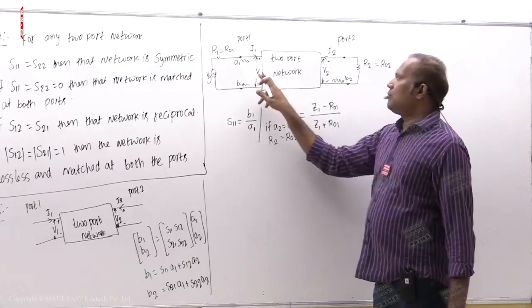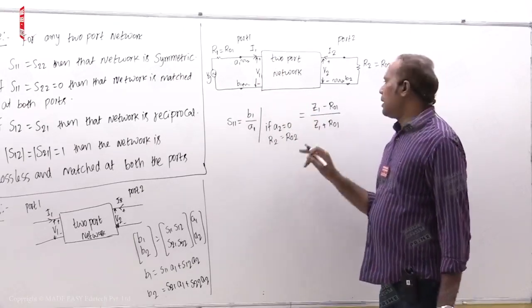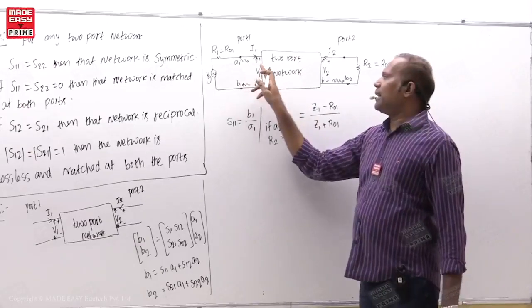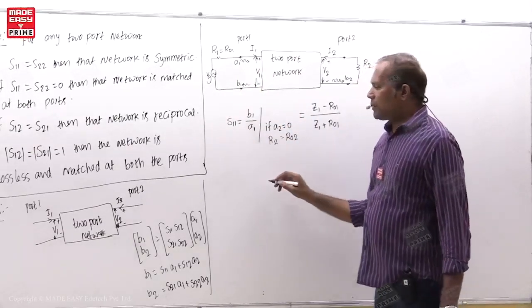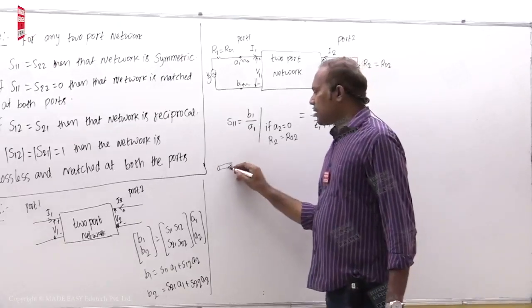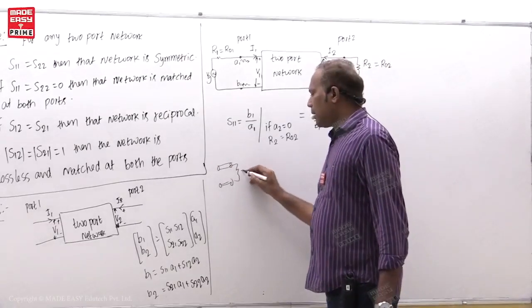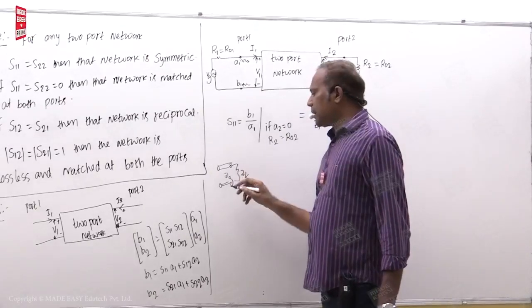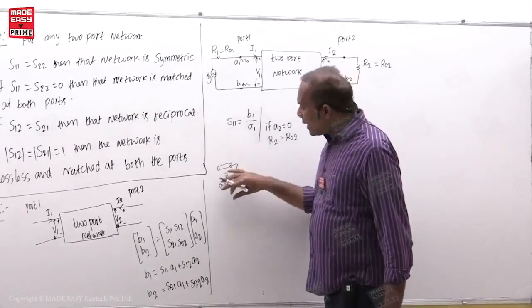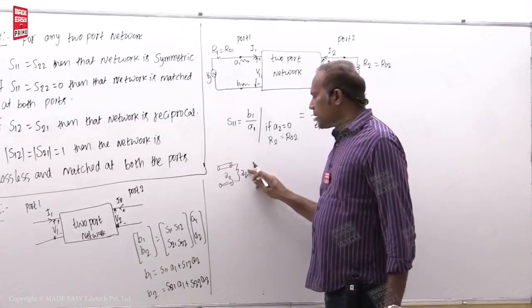So here Z1 means V1 by I1, the input impedance, measured from where you are feeding. Like a transmission line, what is the reflection coefficient here? ZL minus Z0. What is this Z0? It is from where you are feeding energy into this.